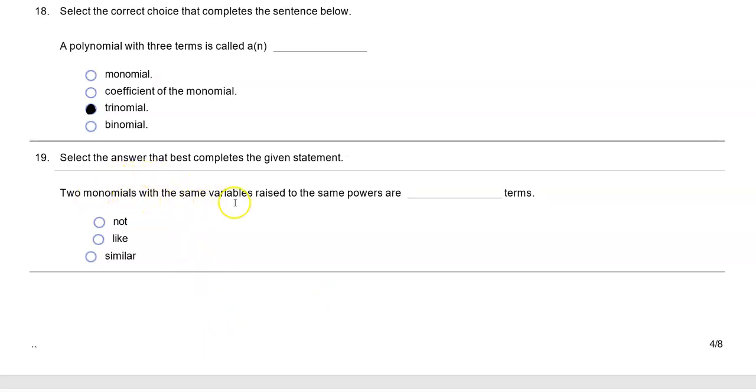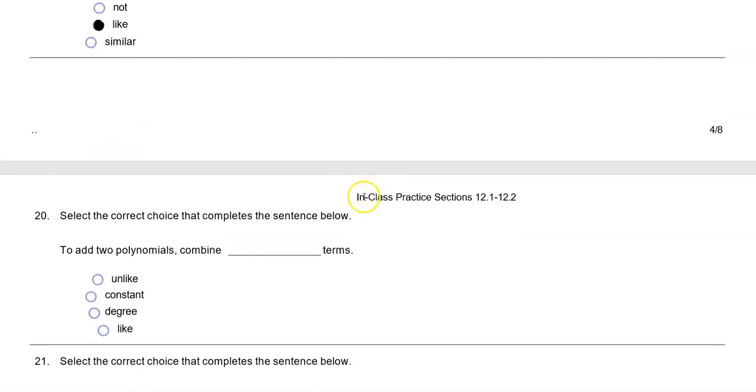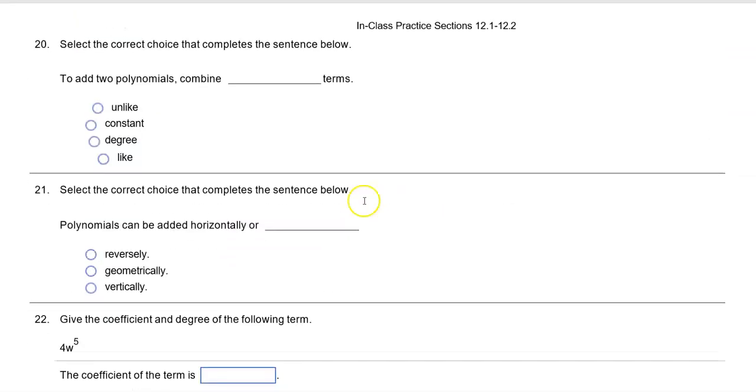Two monomials with the same variables raised to the same powers are like terms. To add two polynomials, combine like terms. Polynomials can be added horizontally or vertically.